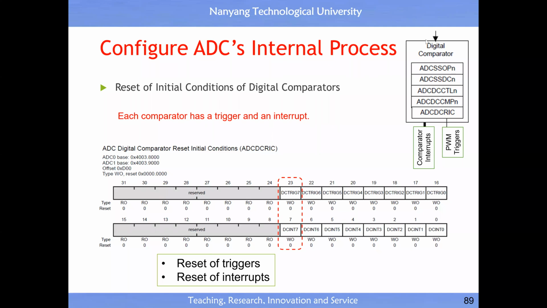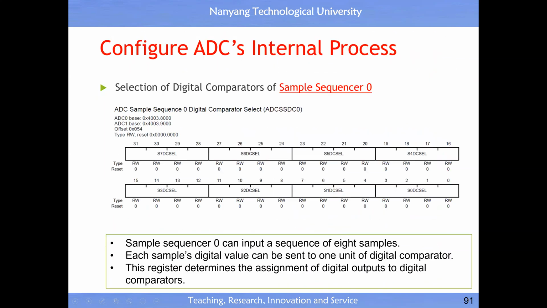In here is to do the reset, because you have a comparator. Then each comparator can produce an interrupt. Then here you can do the reset of the interrupt. So reset interrupt 7, comparator 7, comparator 6, comparator 0. That's it, right? So you see, it gives you a lot of flexibility.